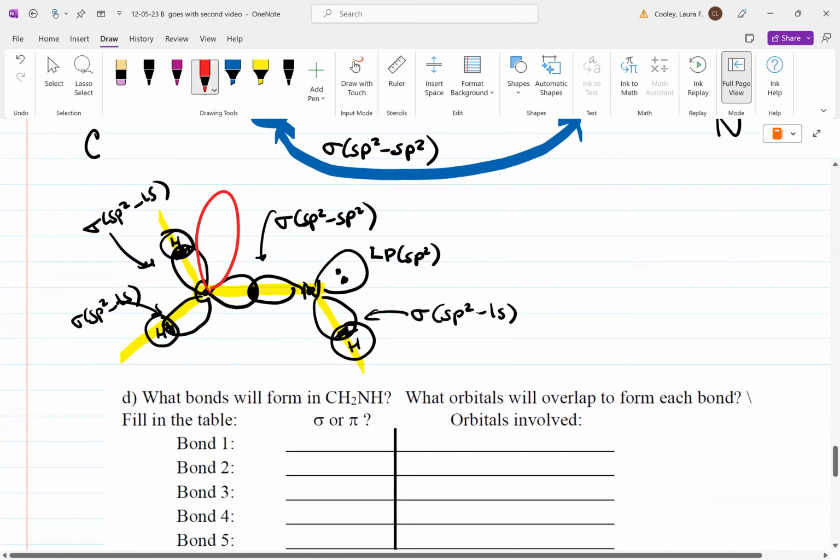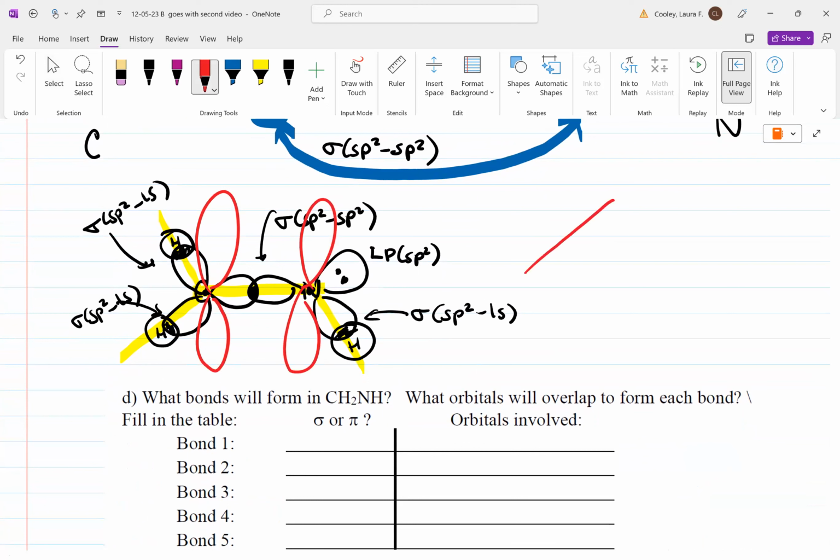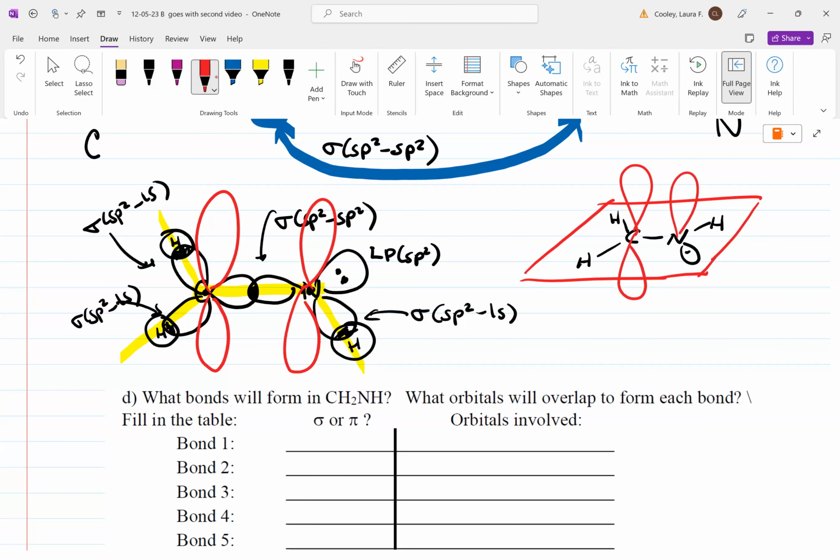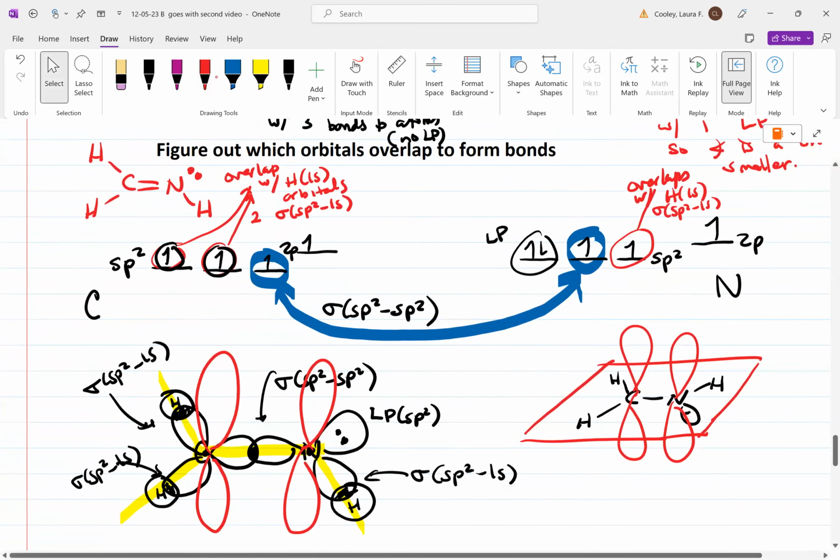We have these two p orbitals that are sticking above and below the plane of the molecule. So again, most of this molecule is in a plane. We have a lone pair and a hydrogen and two hydrogens.